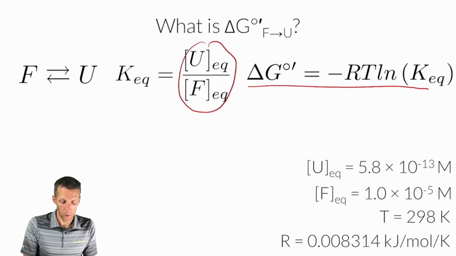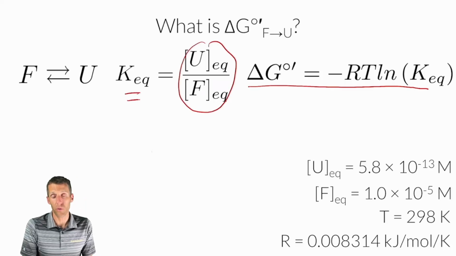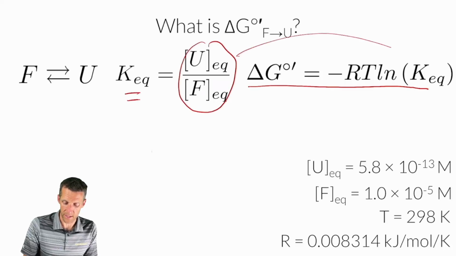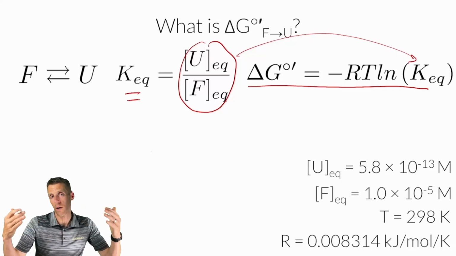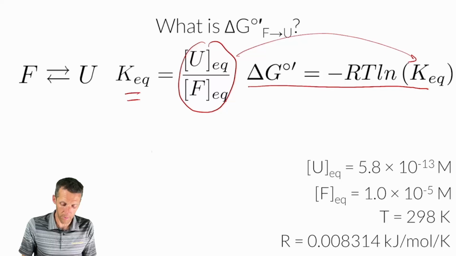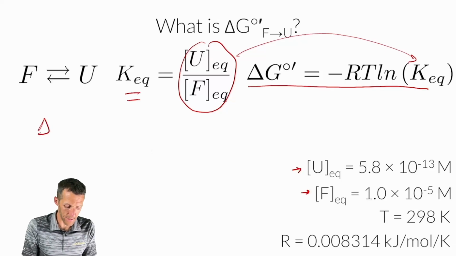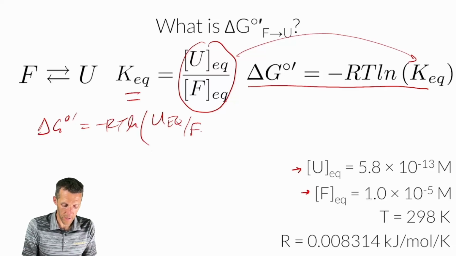What I've recognized here is that KEQ is right there, so I can substitute in this. This is just the definition of a KEQ, right? It's the products at equilibrium over the reactants at equilibrium. I've got measured values there, so I can write out delta G naught prime equals minus RT log of UEQ over FEQ.